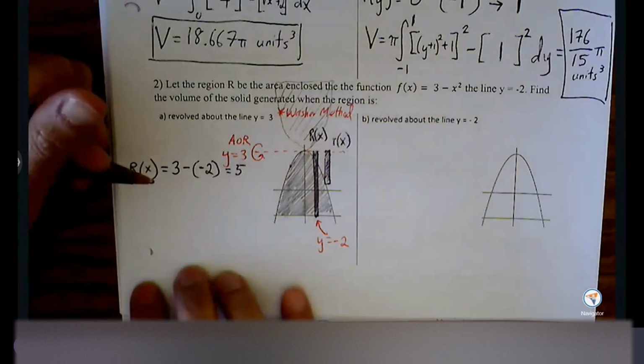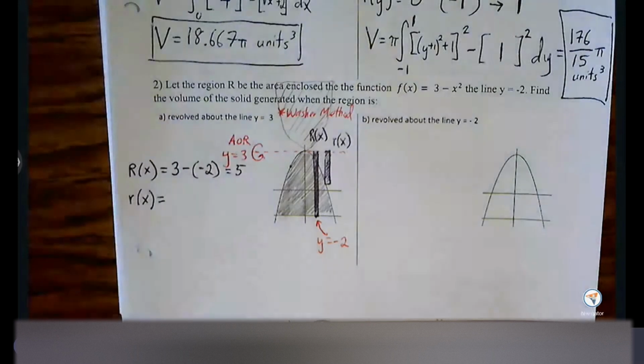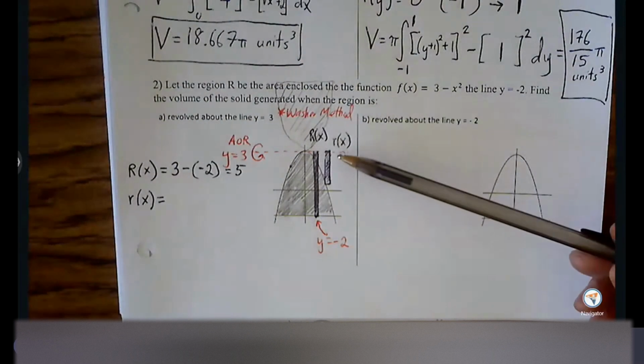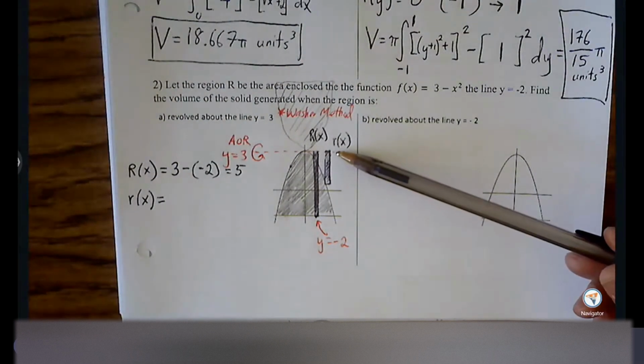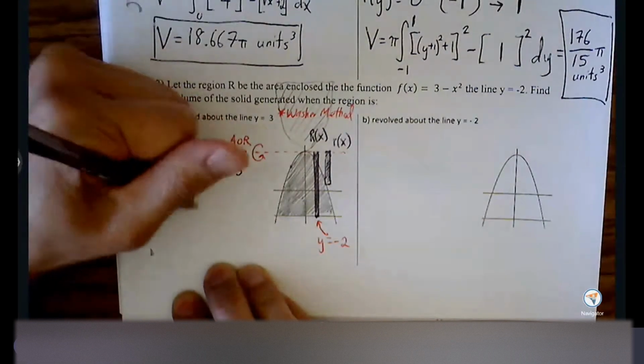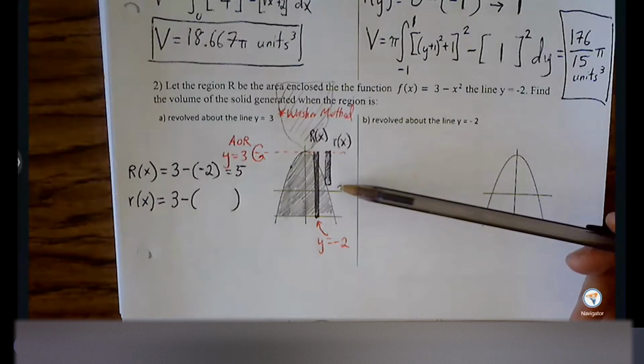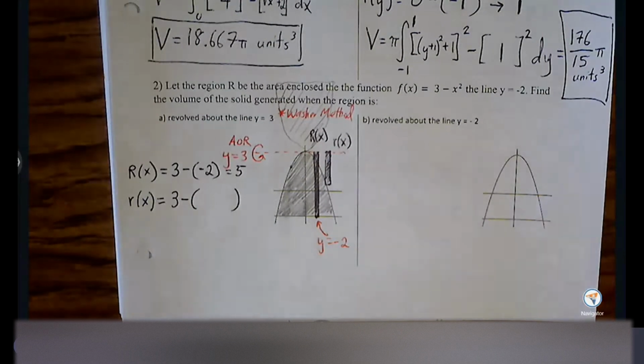Little radius. What's the top of the radius sitting on? 3, okay. 3 minus parentheses. What's the bottom of the radius sitting on? 3 minus x squared. Yeah, sitting on that curve, right? Sitting on that parabola.